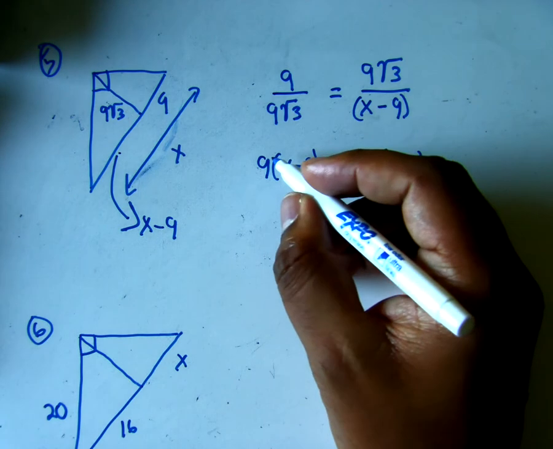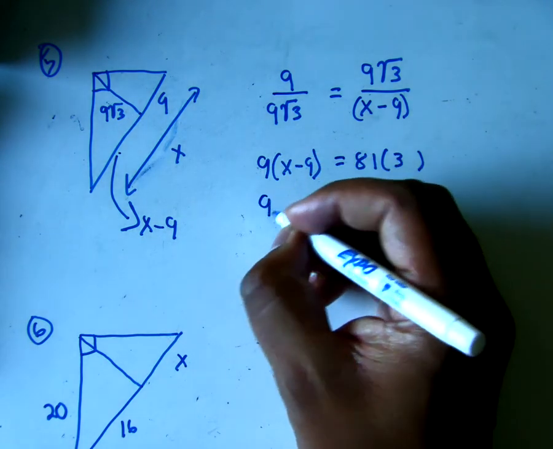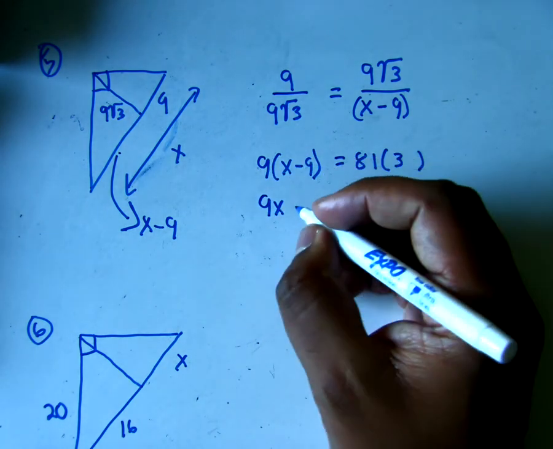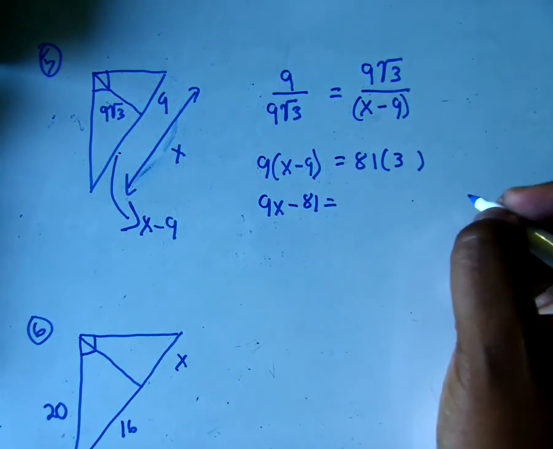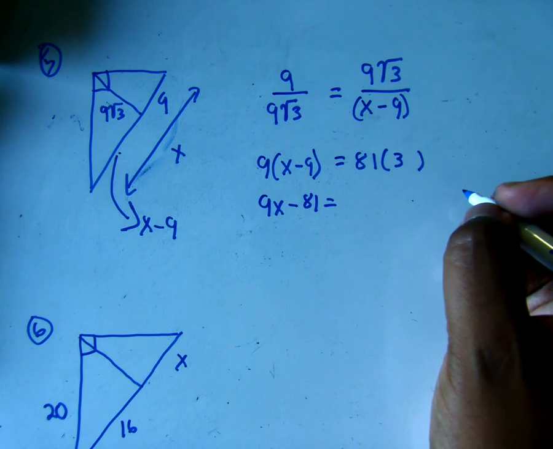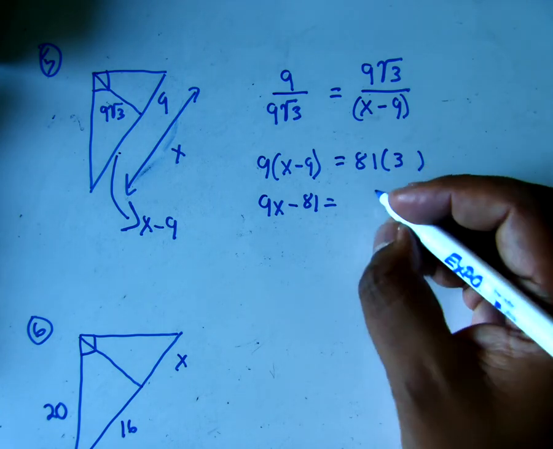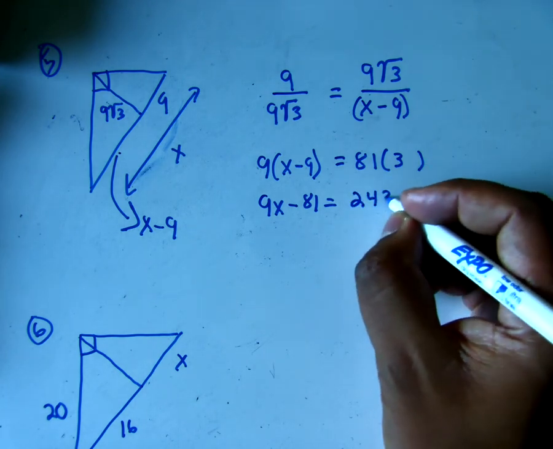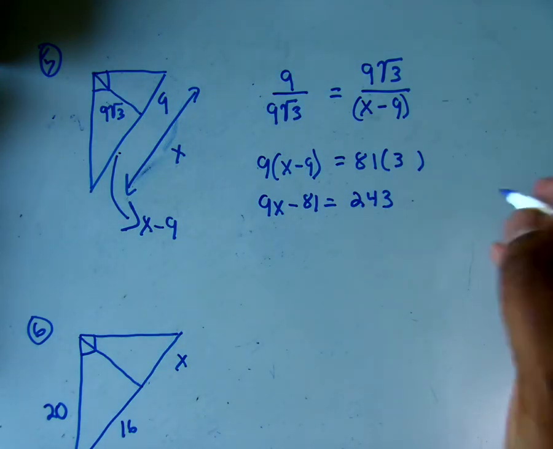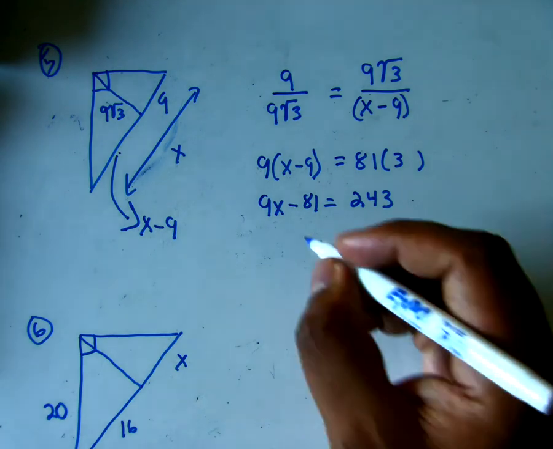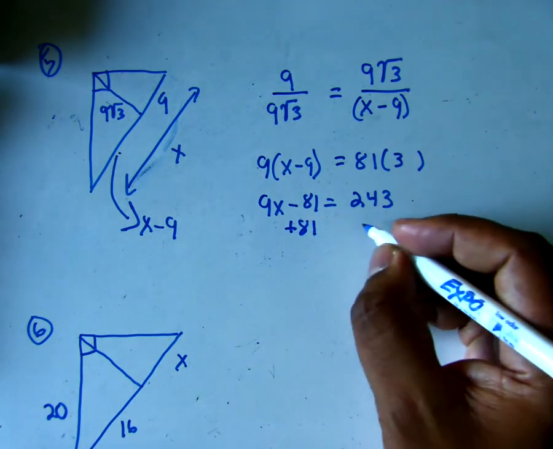All right, now I'm going to distribute the 9. 9 times x is going to be 9x. And 9 times negative 9 is negative 81. And 81 times 3 is going to be 243. Now from here, it's just regular algebra. You can go ahead and add 81 on both sides.